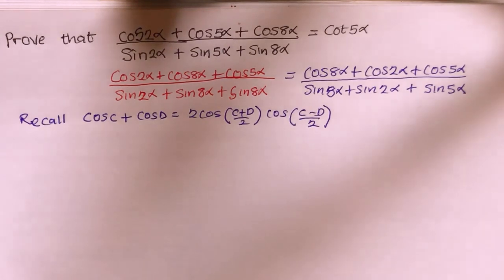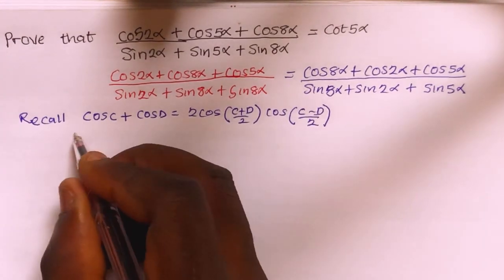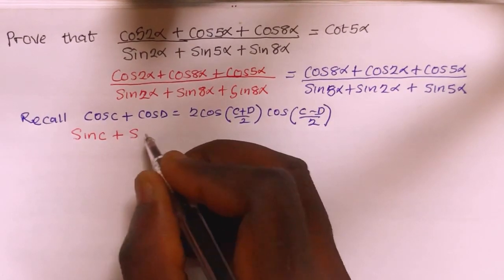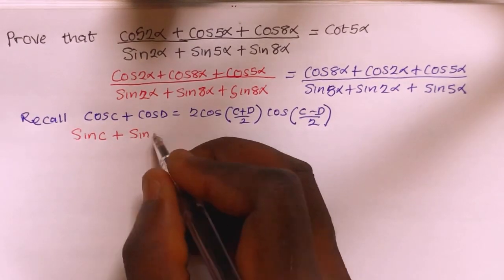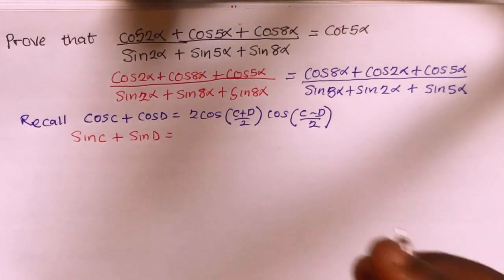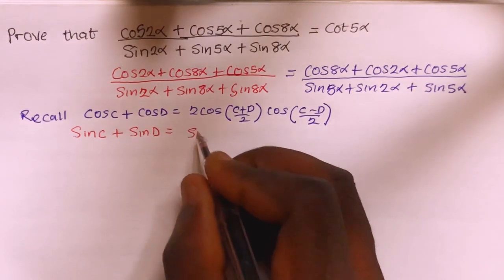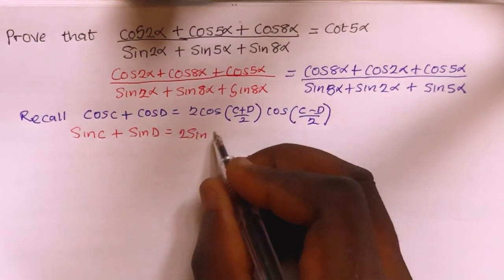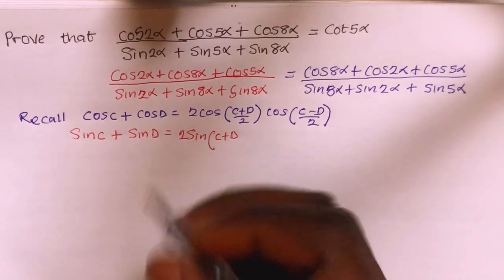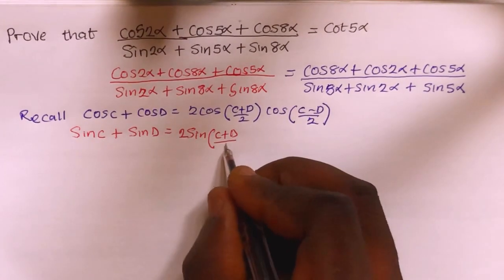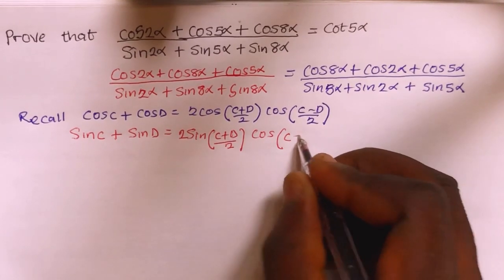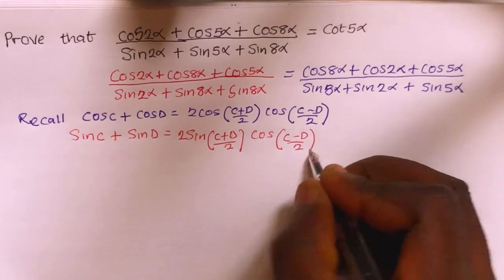Then similarly, you recall for sine, sine C plus sine D is going to give you 2 sine, C plus D divided by 2, cos C minus D divided by 2, because here you're having positive. Let's say it is negative, you are going to have it to be minus.